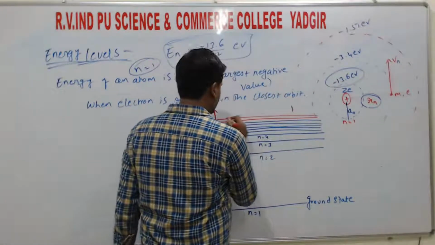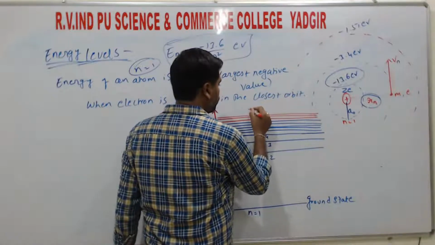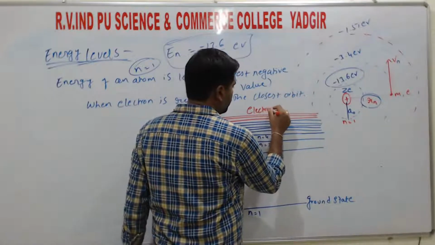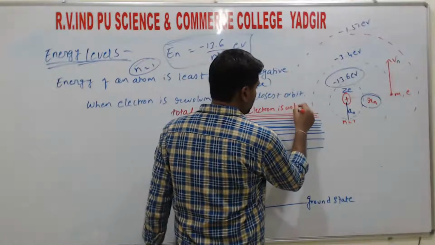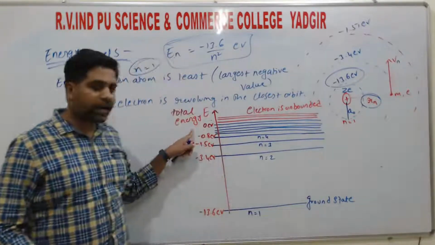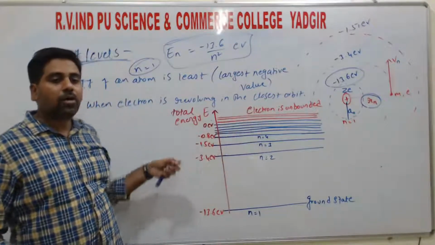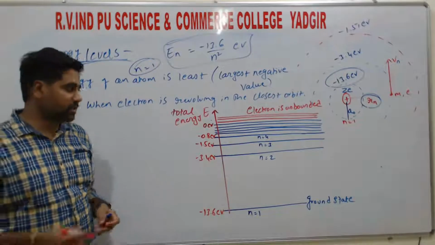Above 0 electron volt, the electron is unbounded in the atom. That means the atom gets ionized, right?